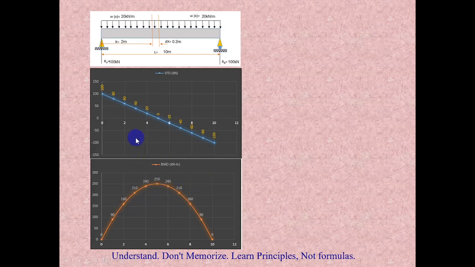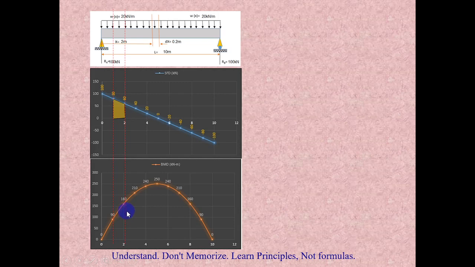Let's consider any two sections. For example, I am taking 1 meter and 2 meter. Between 1 meter and 2 meter, the bending moment diagram varies like this, and the values are 90 kilonewton meter and 160 kilonewton meter, so the difference is 70 kilonewton meter.